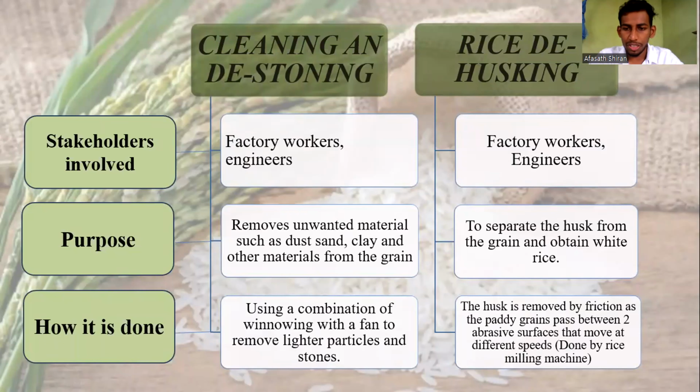In some of the new technology machines, milling is also done at the same time. When we apply the paddy seeds in the machine, the husk is removed by friction as the paddy grains pass between 2 abrasive surfaces that move at different speeds.